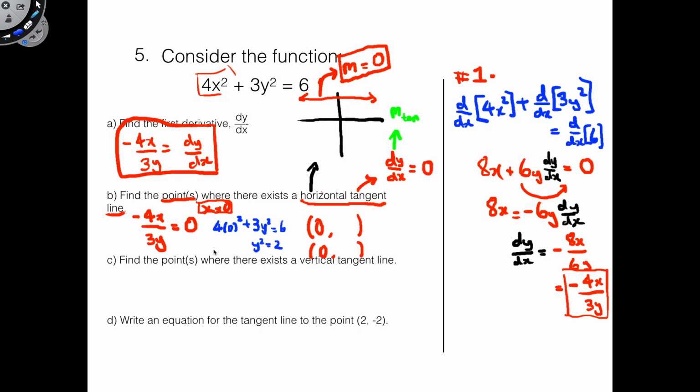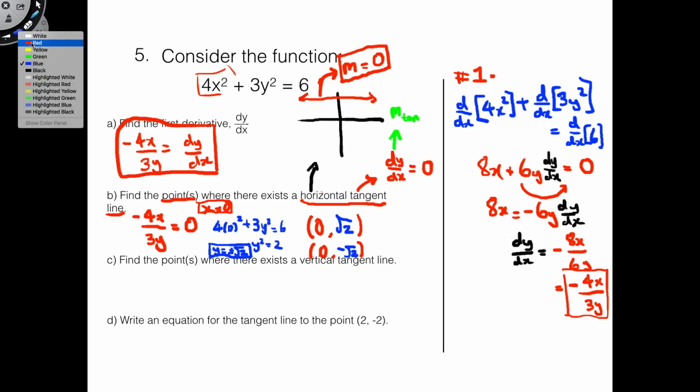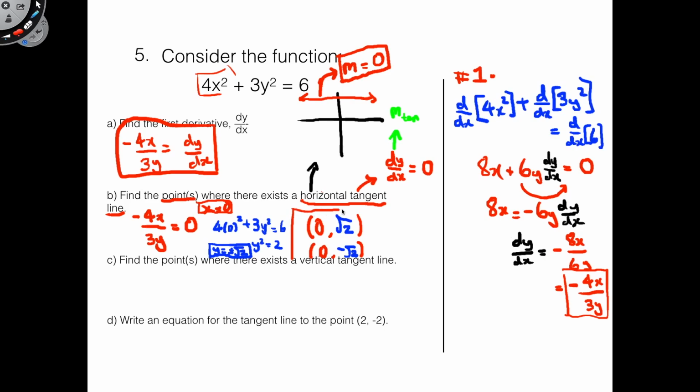So y is going to equal plus or minus root 2. Sorry, that's not clearly visible, but that's plus or minus root 2. So we'll have root 2 and a negative root 2 over here. All right, and that will be our final answer for the points where there exists a horizontal tangent.